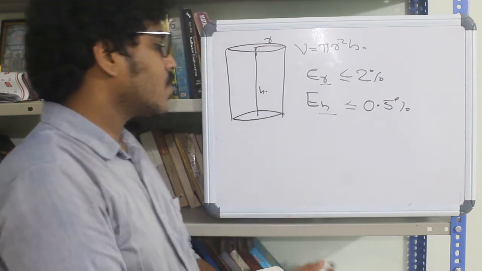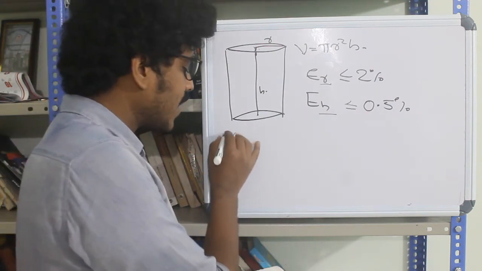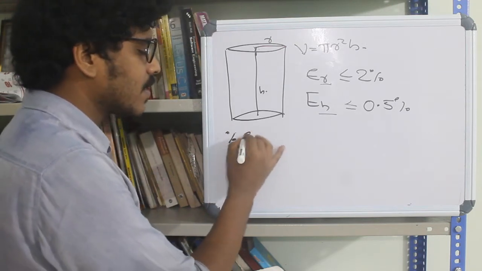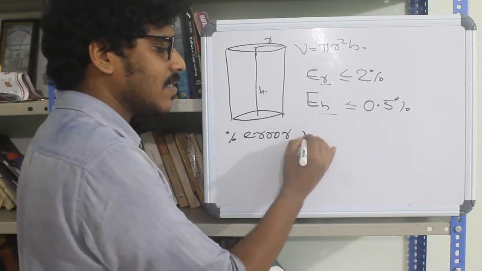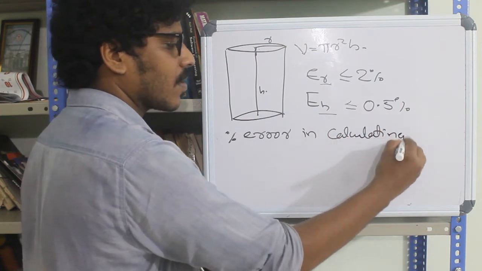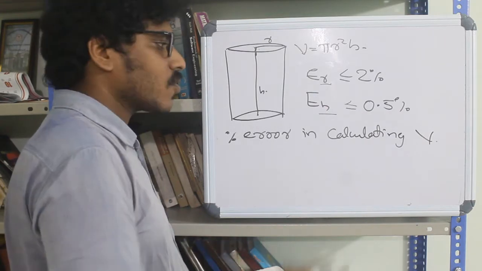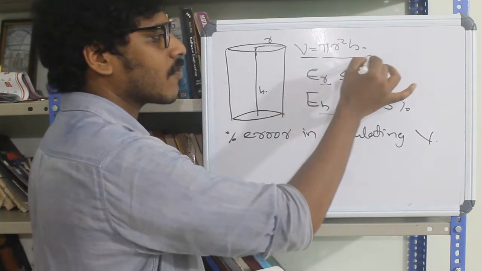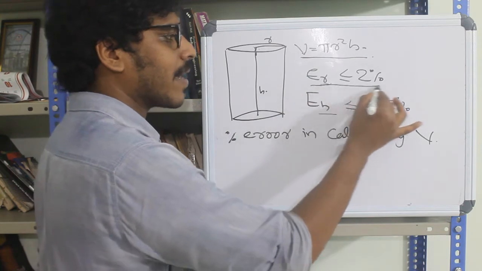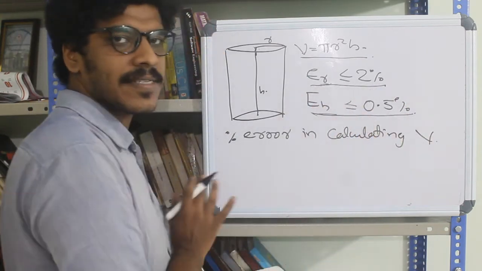Okay, so the question is to calculate the percentage error or percentage change in calculating the volume V using this formula. Right, so what do we have now? We have the formula for volume, we have the maximum error intruded in radius and the maximum error intruded in height.